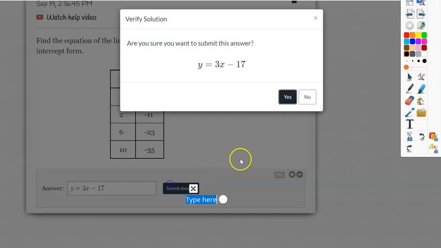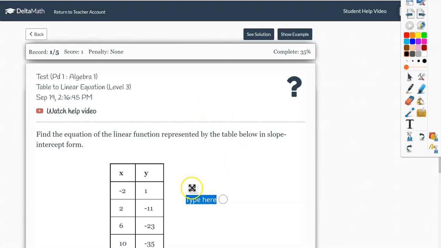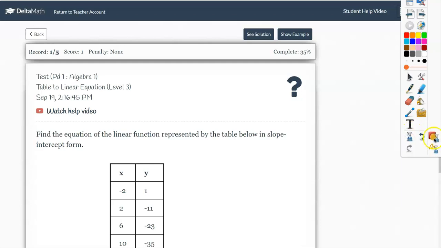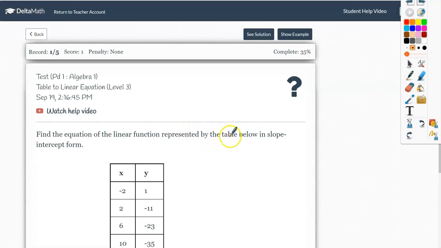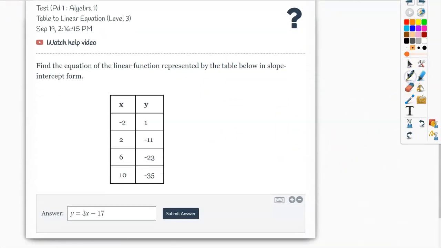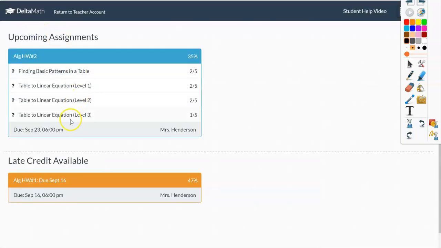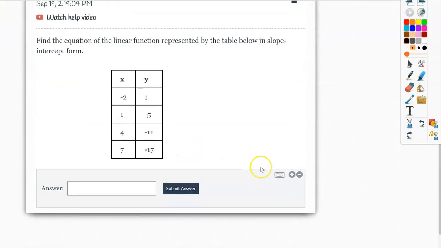Submit our answer. Okay, y equals mx plus b.